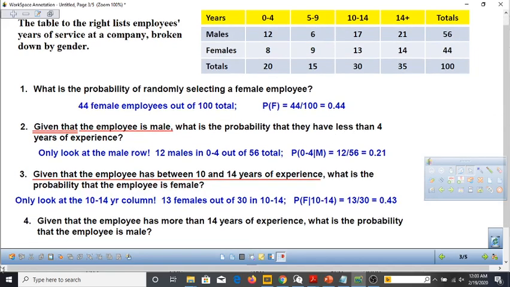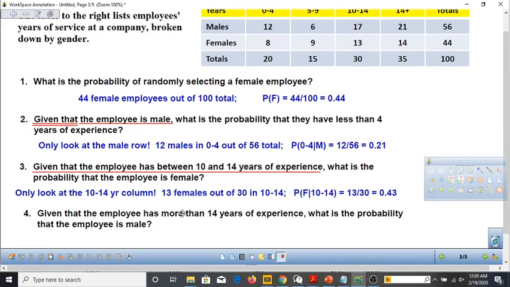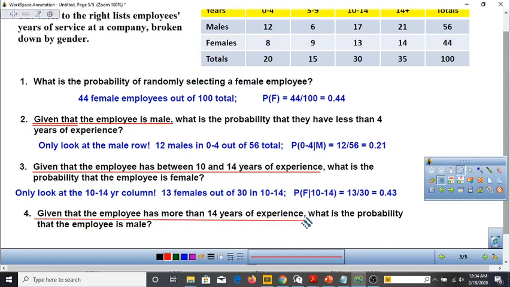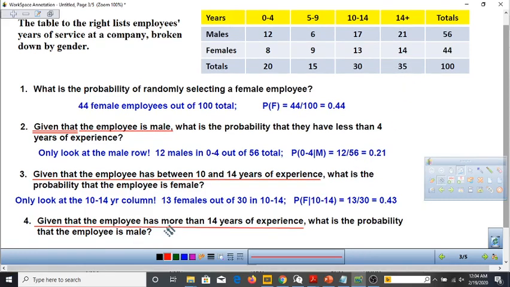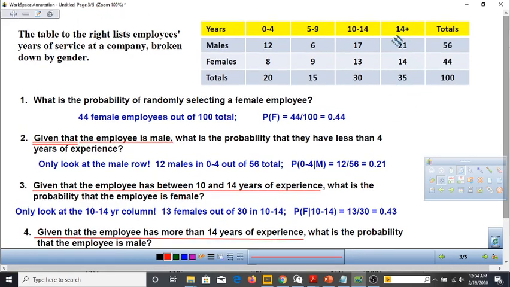Fourth question. Given that the employee has more than 14 years experience. So again, once they say given that, we're only looking at that region. So more than 14 years is this column here, which is 35 people. What is the probability that the employee is male? Out of those in that column only, ignore every other column, we have 35 in all. How many are male? 14.